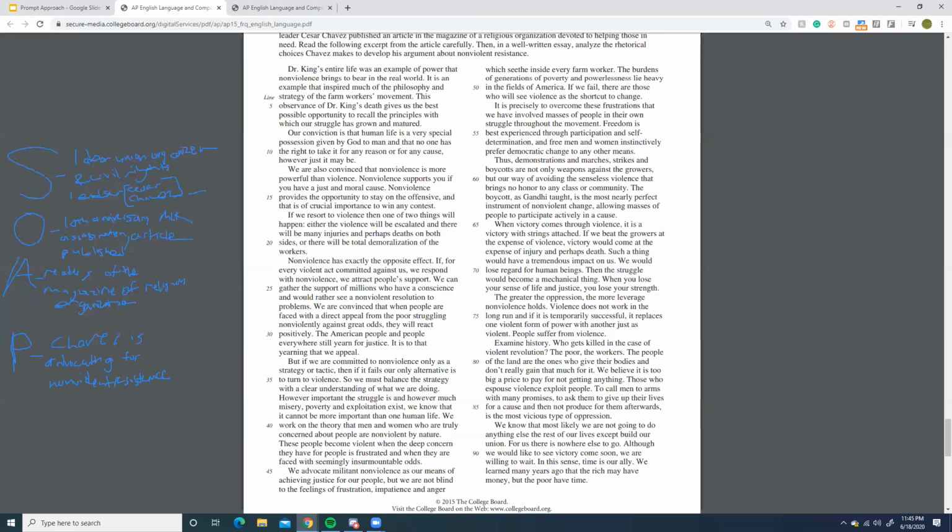Okay. So now I guess we'll annotate for it. Okay, so an example. All right, so we see us here, our struggle, our conviction.